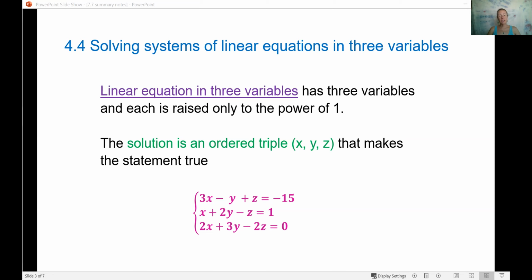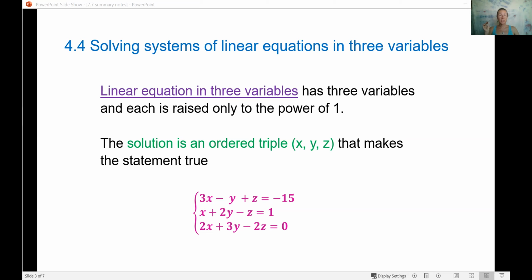The solution to a system of 3 linear equations in 3 variables is going to be a point in 3-dimensional space. And we define a point in 3-dimensional space using 3 coordinates.